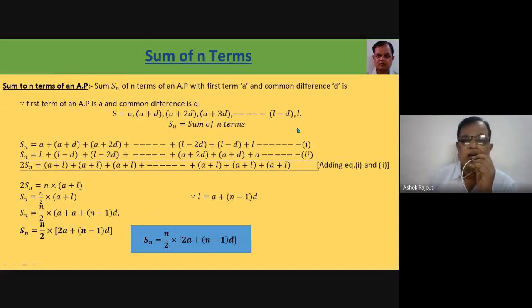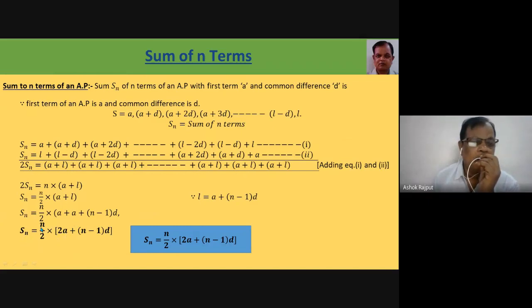Because we have taken n terms, in the sum also there will be n terms of a plus l, a plus l, a plus l, n times. Therefore 2S_n equals n into (a plus l). At the place of l, as we know, l equals a plus (n minus 1) into d. So we put the value of l here: S_n equals n by 2 into (a plus a plus (n minus 1) into d). a and a, it is 2a.